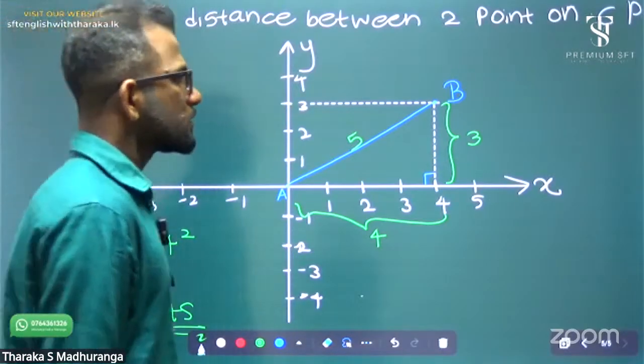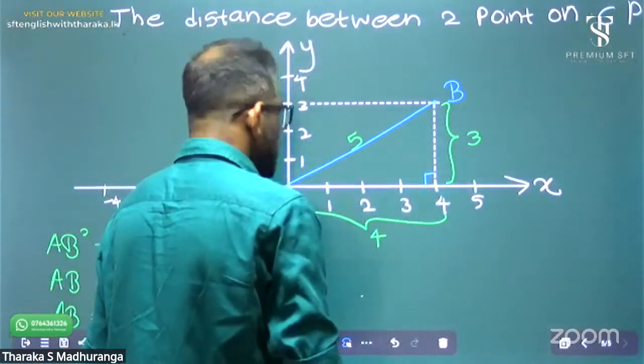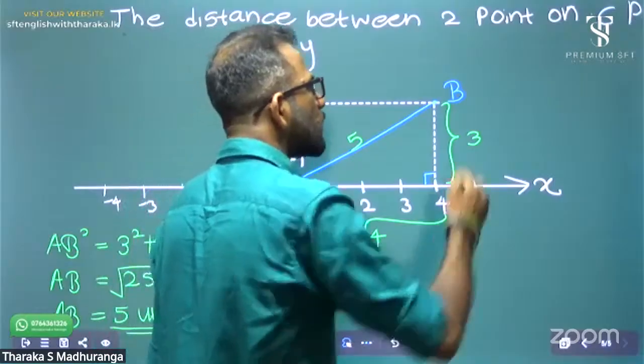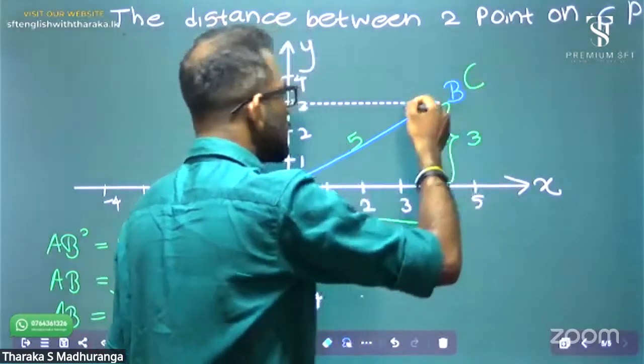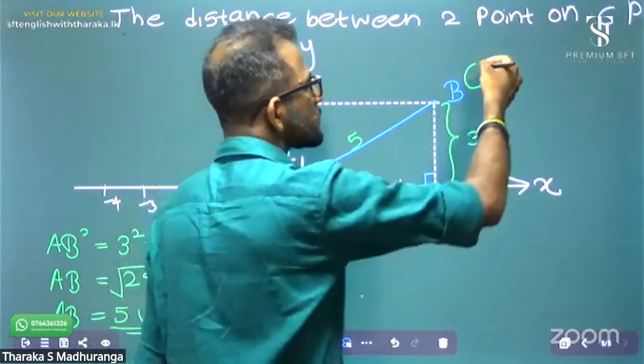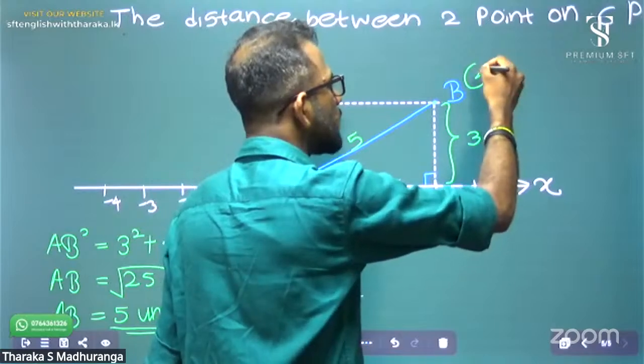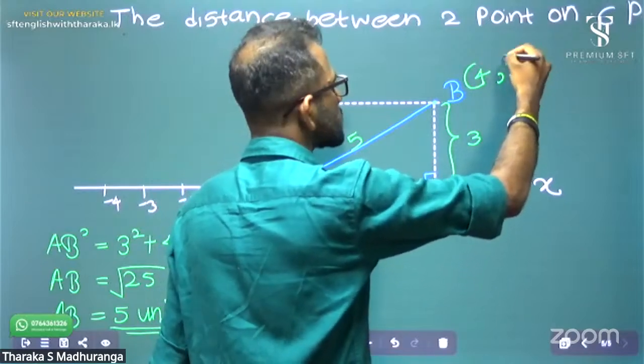Okay, now if you got the coordinates of B point, how about coordinates of B point? A point is 0, 0. B point is 4, 3.